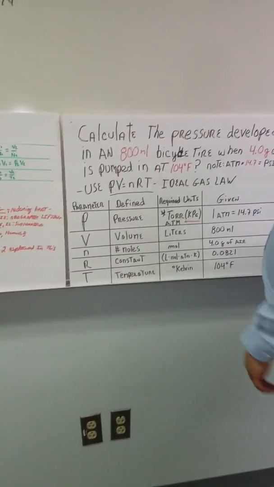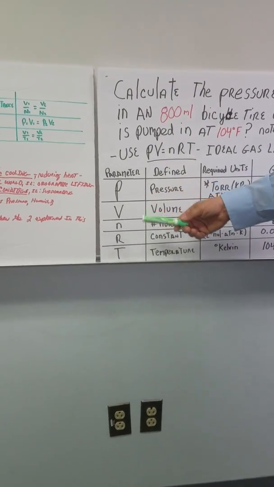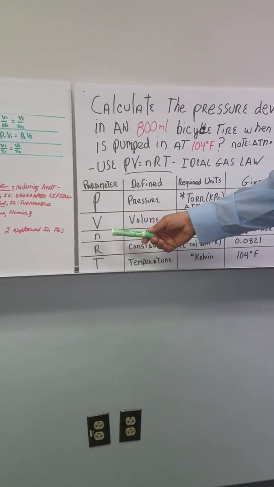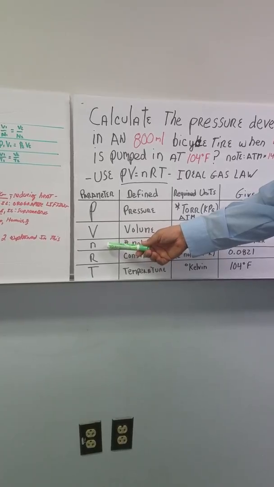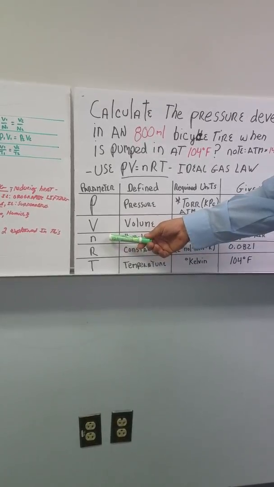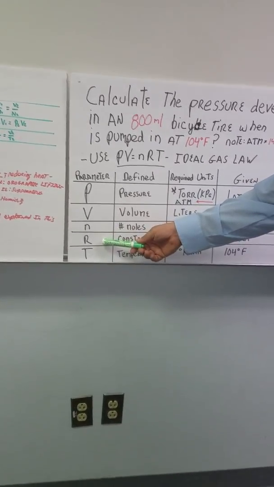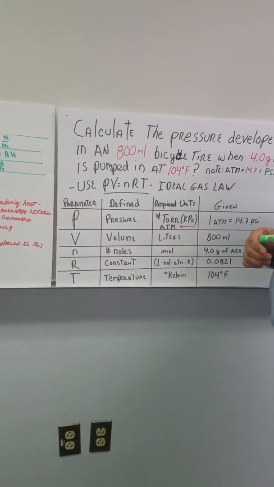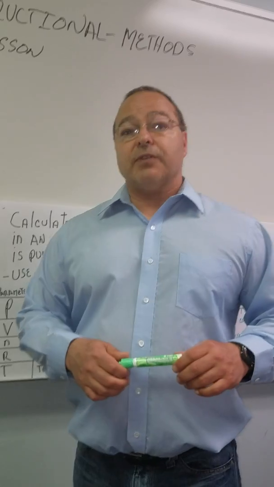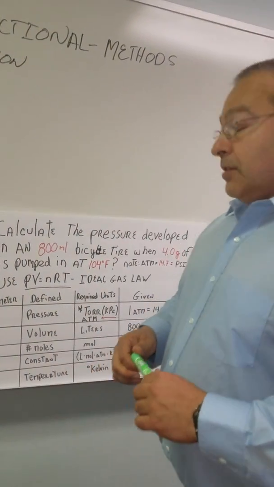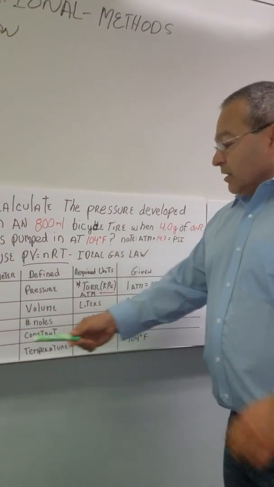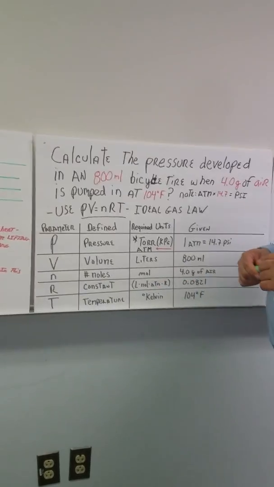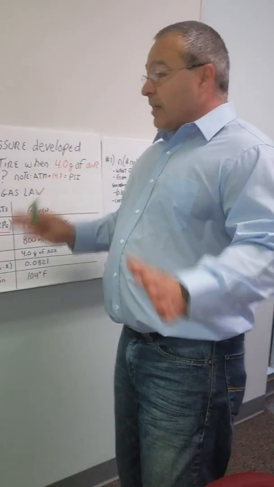Pressure times volume equals quantity of the element or the compound given times a constant times temperature. The constant's important because it ties together the units that we're using for this particular equation. There are several different specialty gas constants that we can use to tie together different units, but we're not going to get into all that.